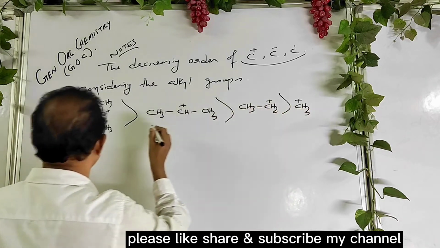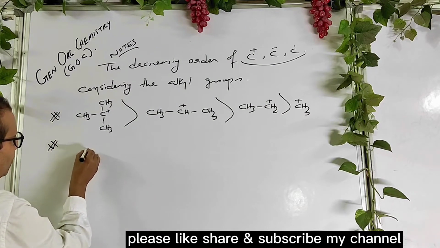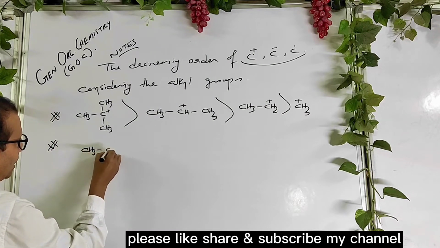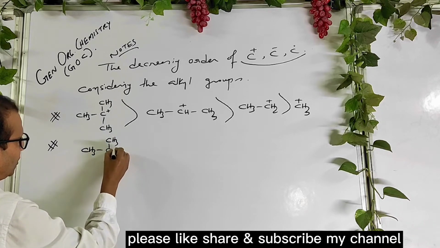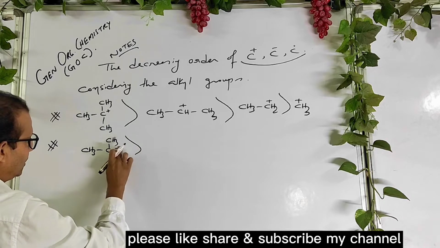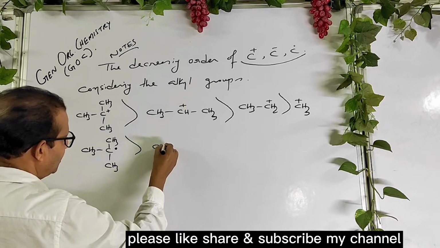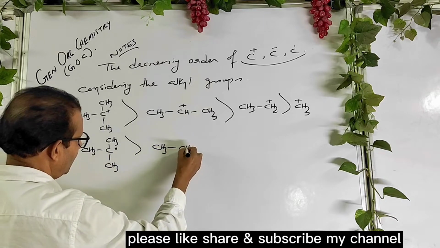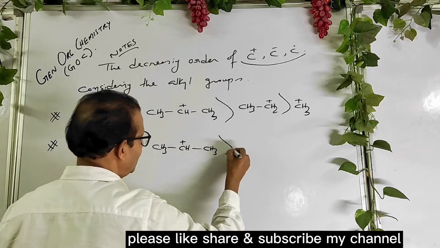If you consider the free radicals, the same order is followed. The stability order of free radical and carbocation are same, provided that there must be alkyl groups.